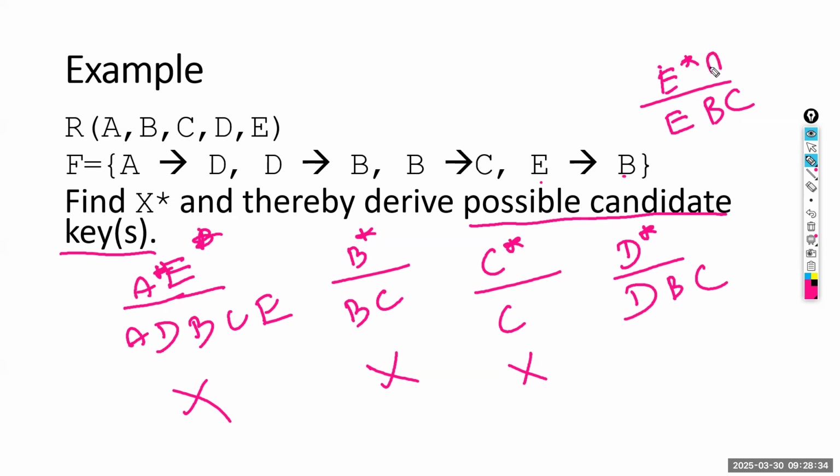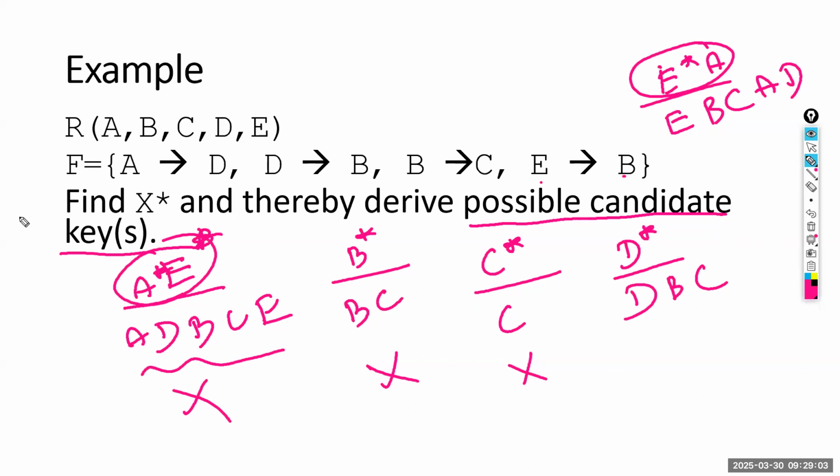If I apply A here, then B is here, C is here, right? Then do we still have D? Yes, A determines D also. But anyway, that is the same candidate key. So what is the candidate key? The minimal key combination that fully determines all the given attributes, AE. So we have one candidate key, AE.